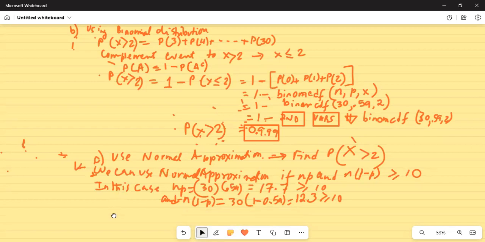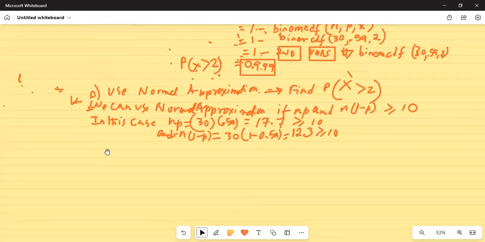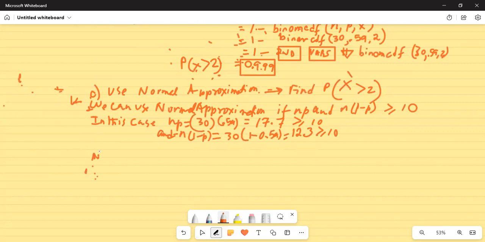So I'll create some space. Okay. So the correction factor. Write normal approximation to binomial for P of X greater than 2.